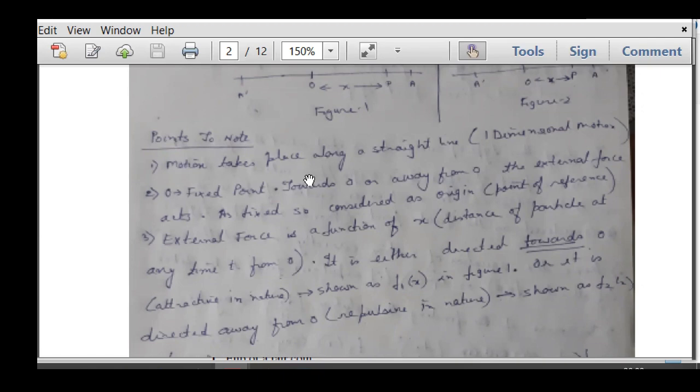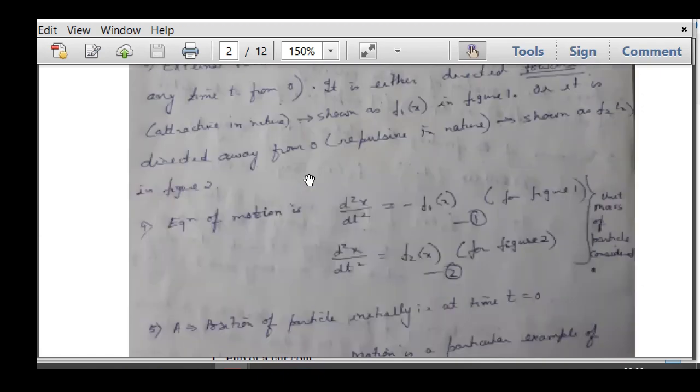That means you have to fix the reference frame in one word. Then you have to be very specific about the equation of motion. You have to write it, and you have to justify. In case you put a minus, you have to justify why you are putting a minus. And even if you are not putting the minus, you have to justify why you are not putting it.